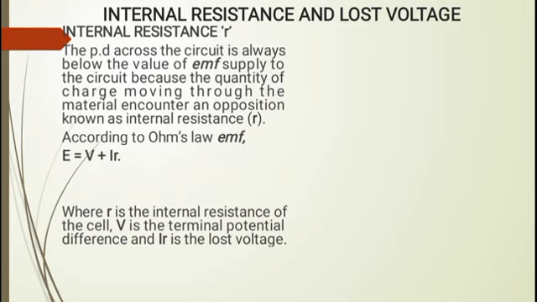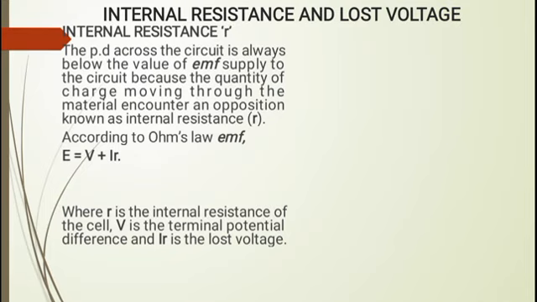But in this case, in order to harmonize the currents and also give room for the internal resistance, that is why Ohm's law is rewritten as E, which stands for the EMF in the circuit, that is EMF from the source, equal to V plus Ir.